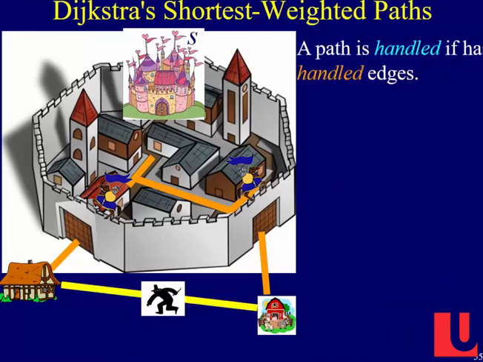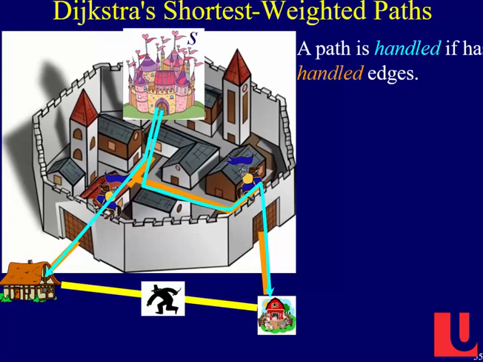All right, so now we need to define a handled path. What's the definition of a handled path? It goes along handled edges. Pretty straightforward, right? Handled paths start at the king, and follow handled edges. So is this a handled path, this path here? Yes, because what's true about the path is it goes through nodes in the walls, and then it takes one last edge leaving.